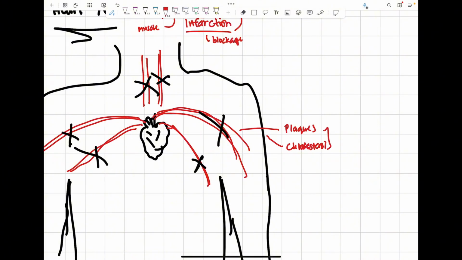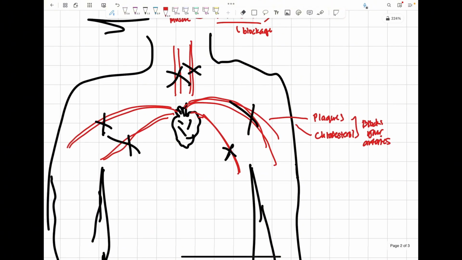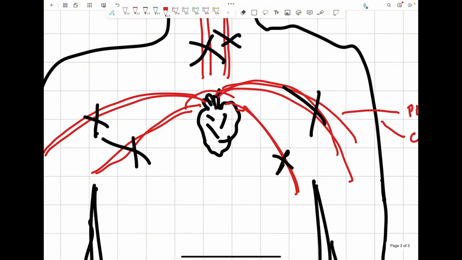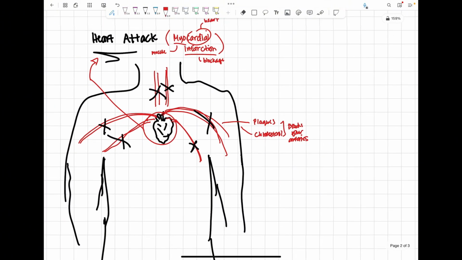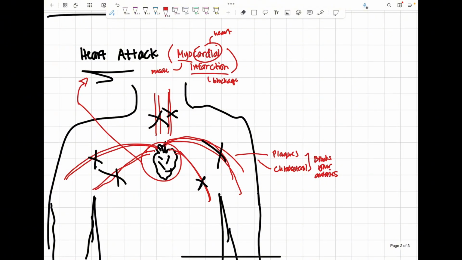These block the passageway of your blood vessels, causing blood flow to be reduced. So the amount of blood that reaches your heart is reduced. So that causes heart attack, which is also known as myocardial infarction.